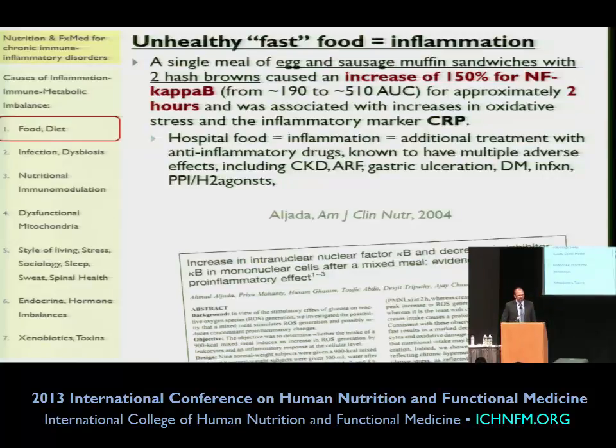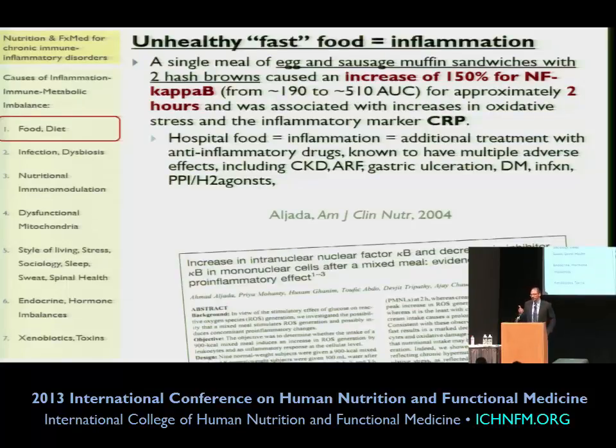So this study published back in 2004 showed that fast food consumption caused an inflammatory response that lasted for about 2 hours. Other studies have shown 3 hours, 4 hours. Okay, so what's the take-home message of this study? Junk food diets cause inflammation that's sustained for a couple of hours.